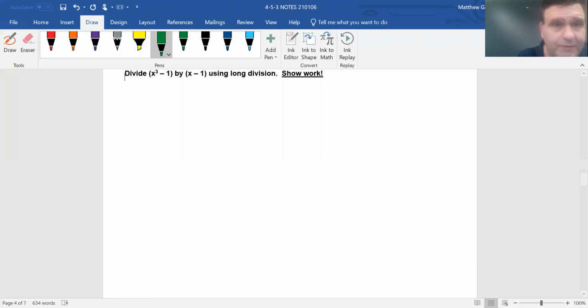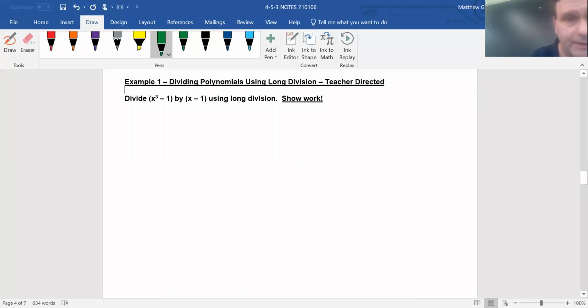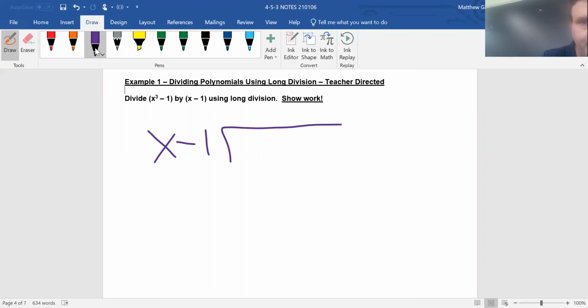So when we divide x cubed minus 1 by x minus 1, first of all, x minus 1 is the divisor, and x cubed minus 1 is the dividend. The problem is if we start it like this, I'm going to show you why this is wrong.